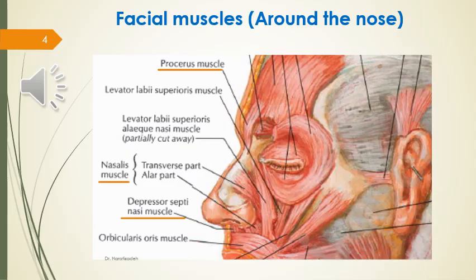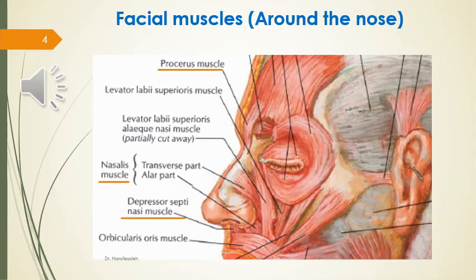And the third one is depressor septi nasi muscle. It is a depressor of nasal septum. This muscle originates from the maxilla near the central and lateral incisor teeth, goes to the nasal septum and pulls the septum downward.